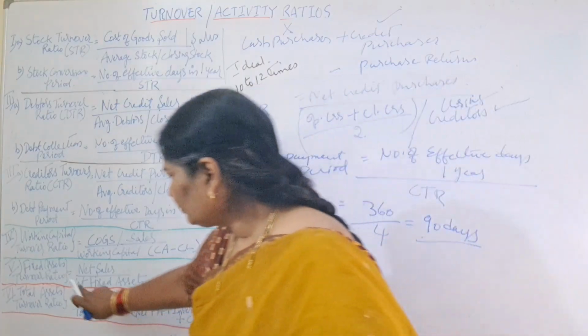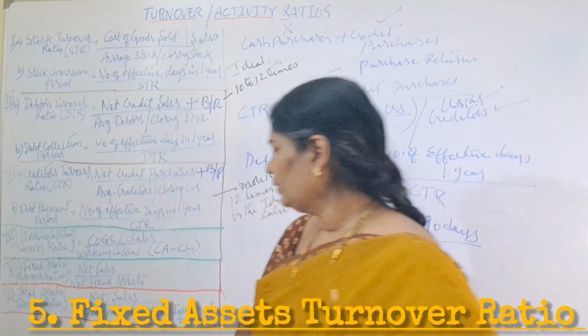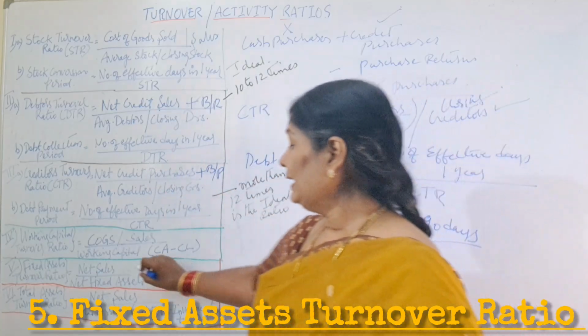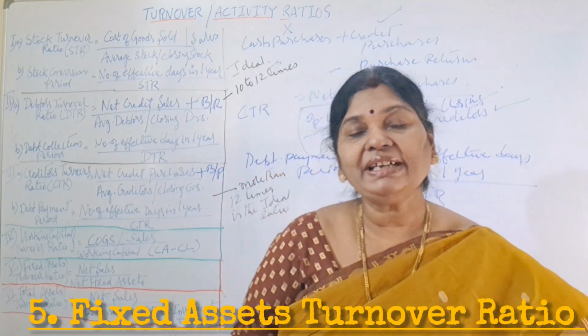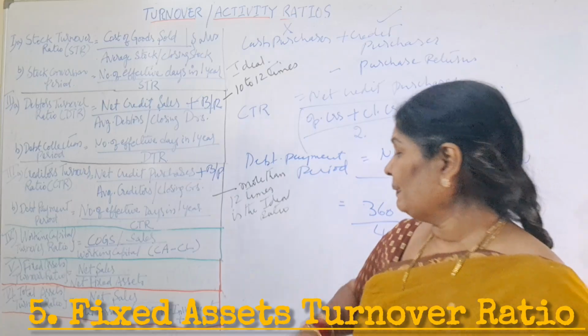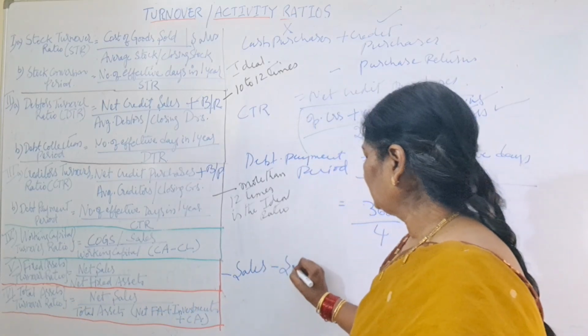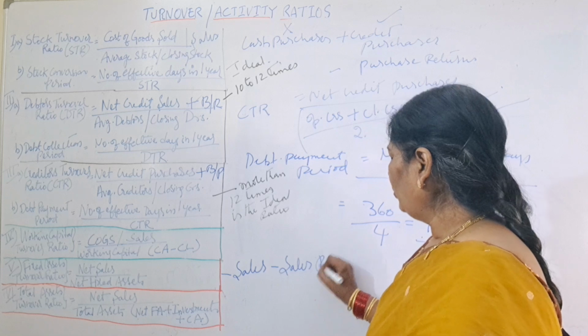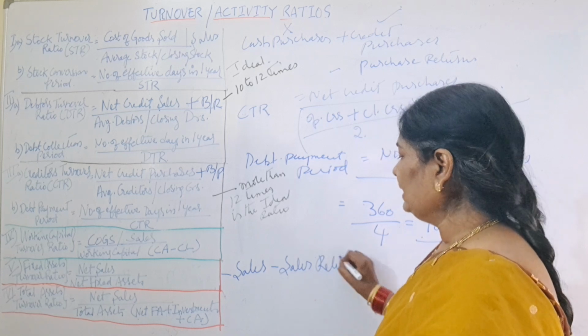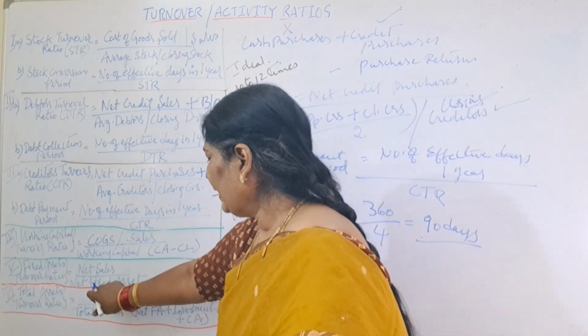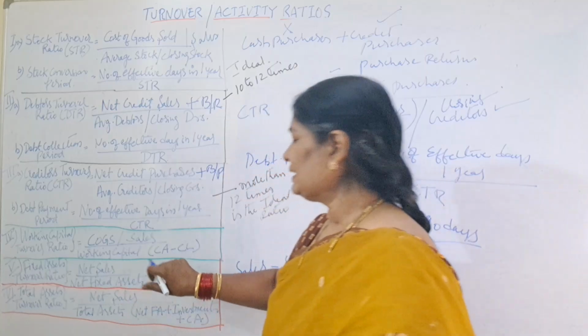Next, fixed assets turnover ratio. So here you will take net sales. What is the meaning of net sales? Sales minus sales returns. So whatever the amount that will remain, that we will take as net sales, divided by net fixed assets.